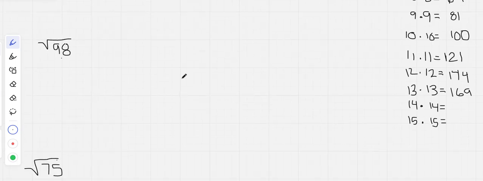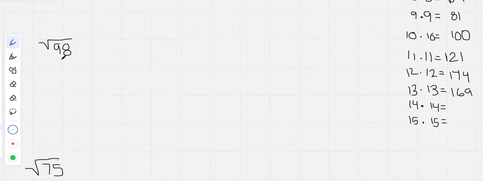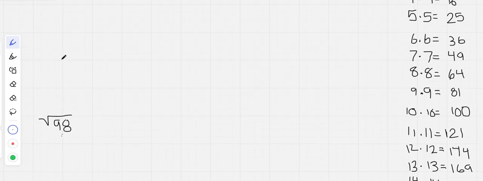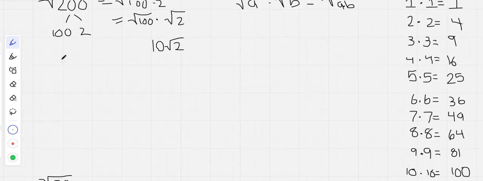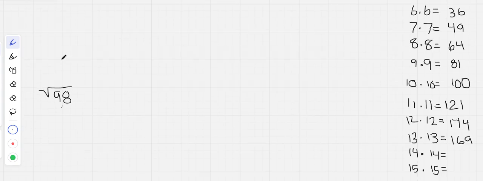All right, next one. Square root of 98. All right, looking back at our perfect squares, 1, 4, 9, 25, nothing's jumping out at me. So we're just going to divide it by a number that we know can be divided evenly into it, and that's going to be 2. So 2 goes into, because they're both even numbers, 2 can go into 9 4 times.